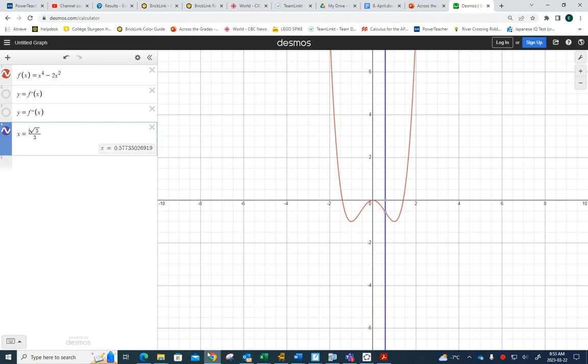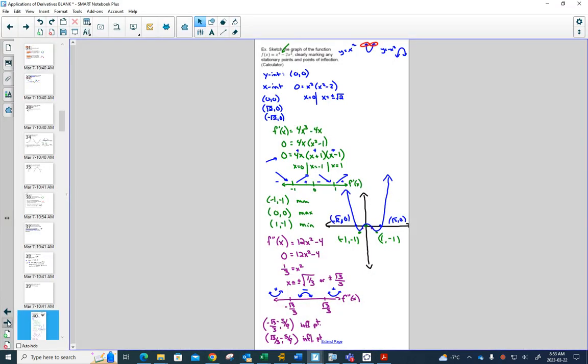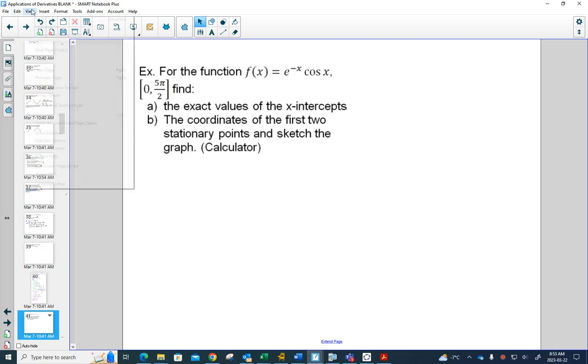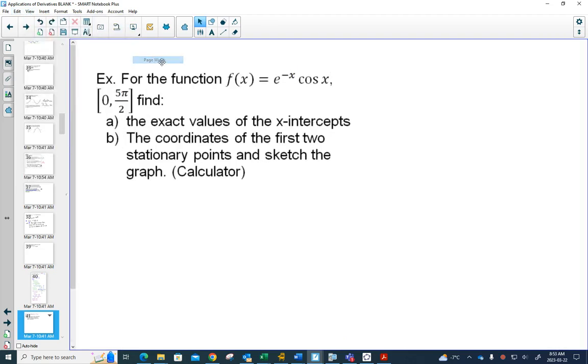Which is going to be nice because our next question is one that we're not as good at graphing. We're going to branch out into some e to the x and cos x graphs and see what they look like. And it's going to be nice when we're unsure to be able to go to Desmos and say, was I doing this right?